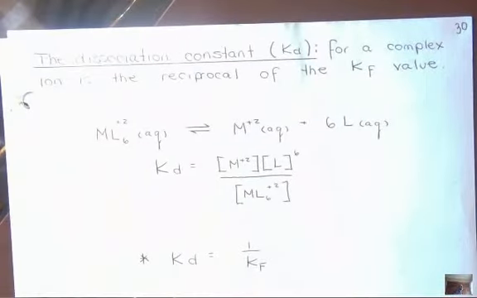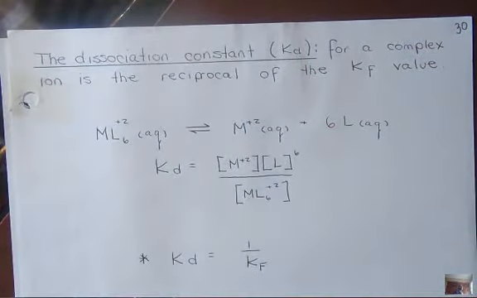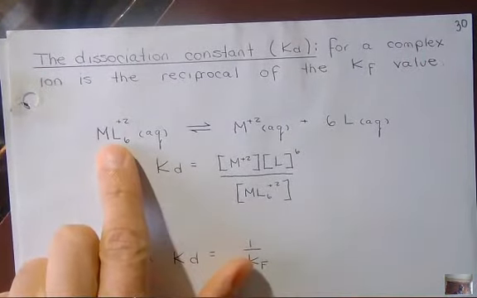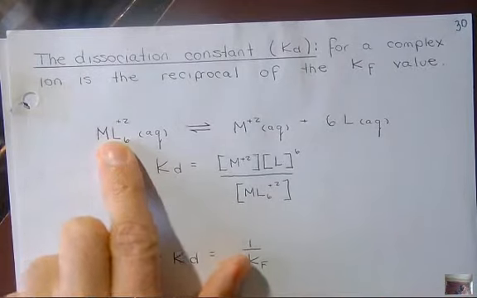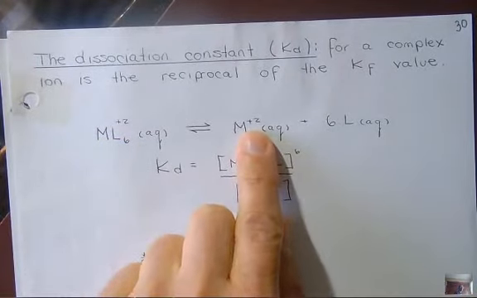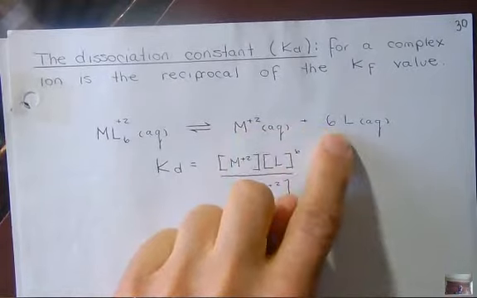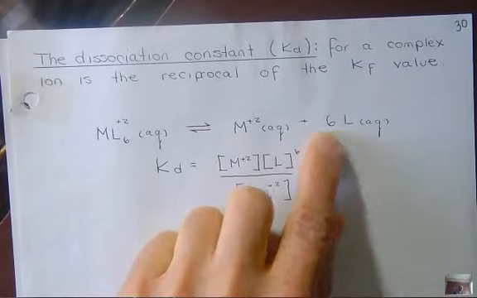You can look at this as the dissociation constant, Kd, for the complex ion, which is just the opposite reaction. Take the same exact metal ion complex and think about it breaking apart to give back the metal with no ligands around it, plus the 6 ligands.